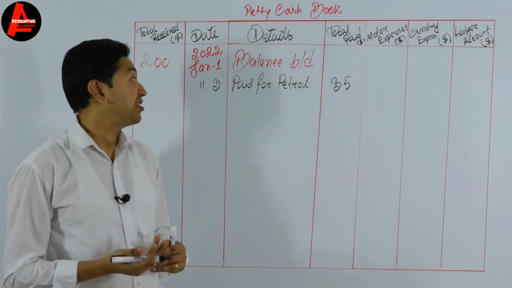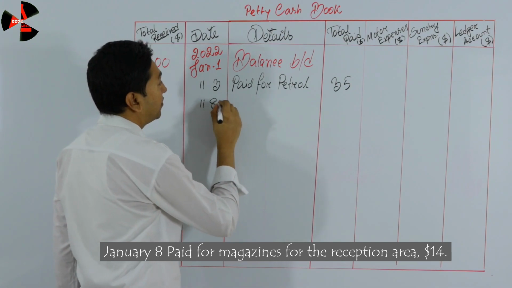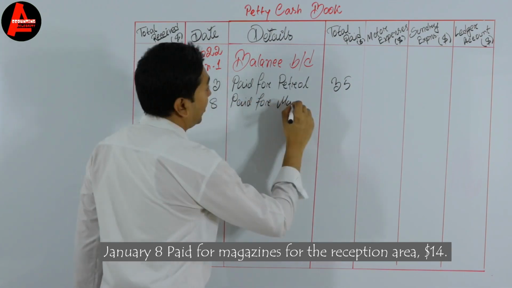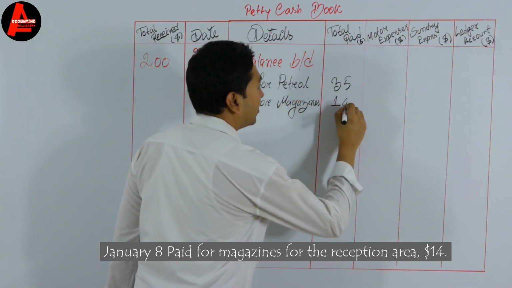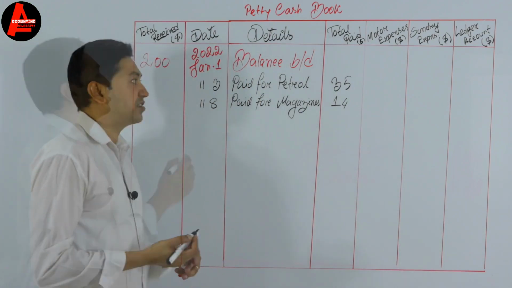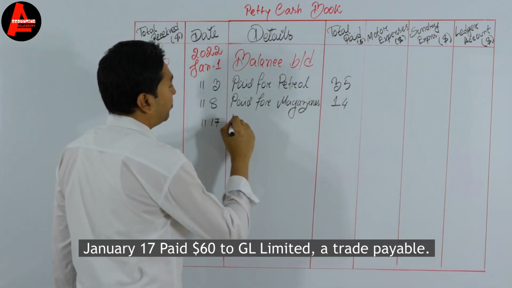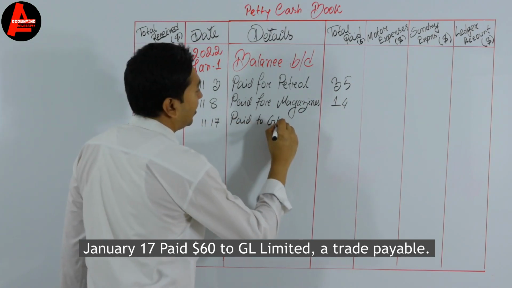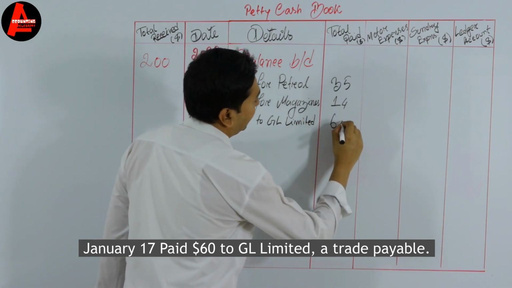The next transaction is January 8. She paid for magazine, it is $14. The next transaction is January 17, paid to GL Limited. It is $60.